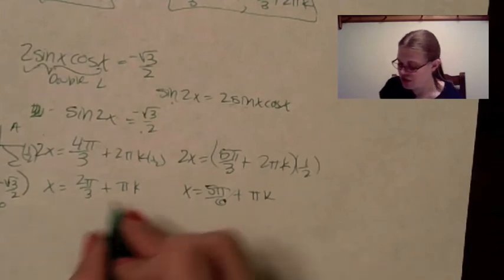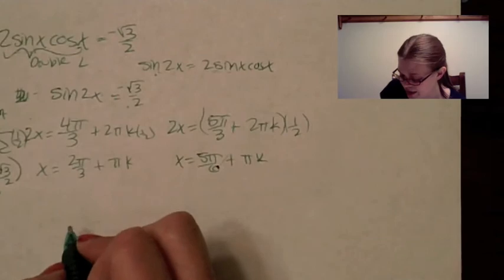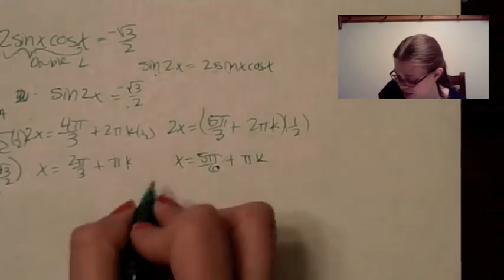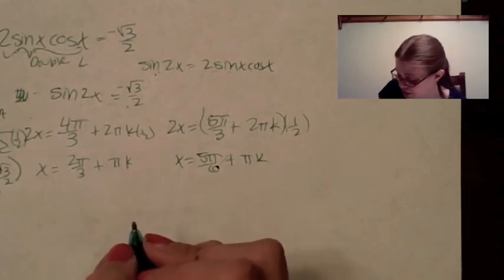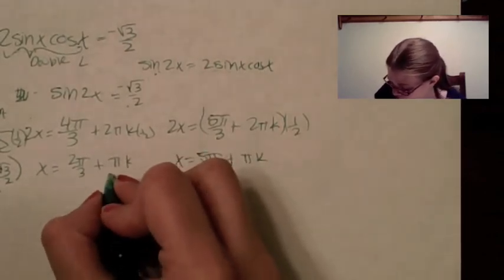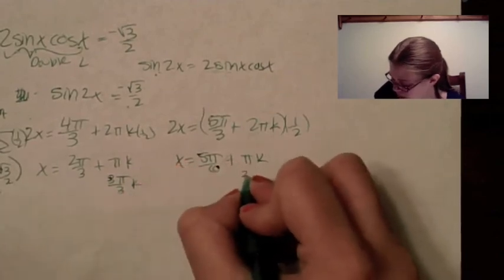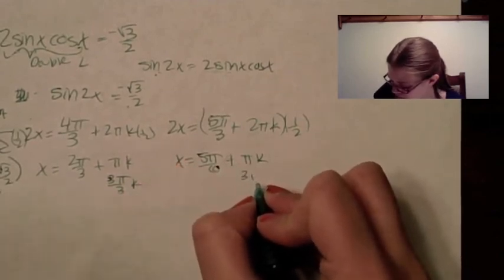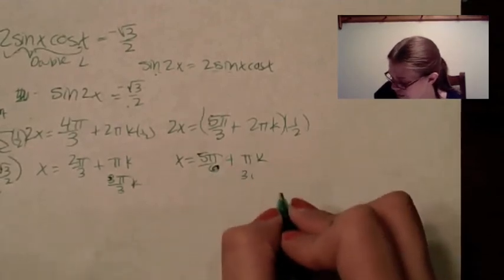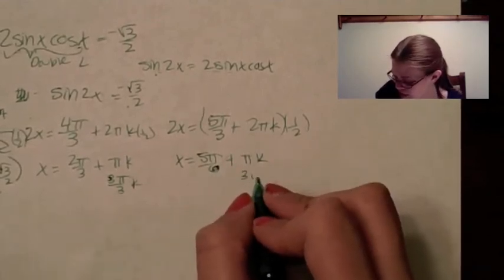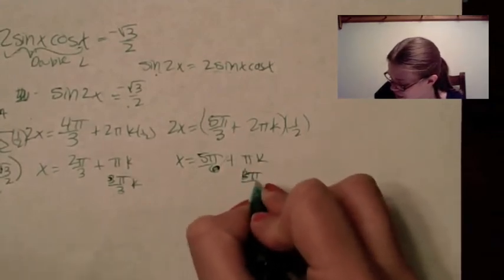If I want to find the solutions between 0 and 2 pi, I have to plug in k is 0, k is 1, k is 2, and so on. In terms of a common denominator, this is 3 pi thirds k. Same thing over here: we have 5 pi 6 plus 6 pi 6 k.